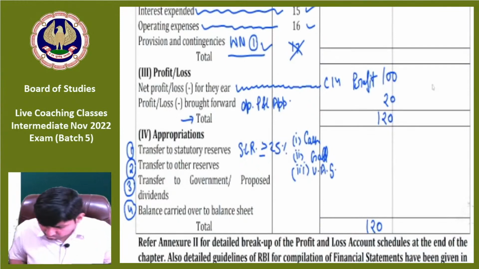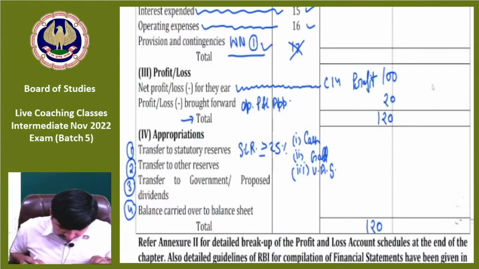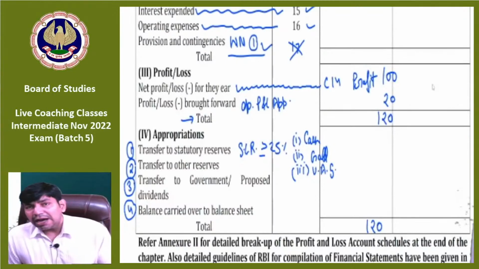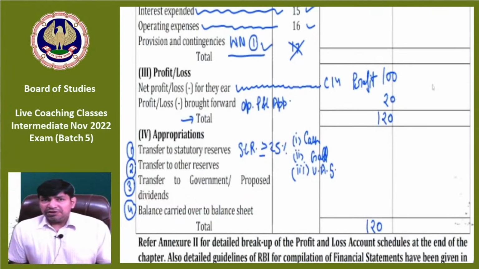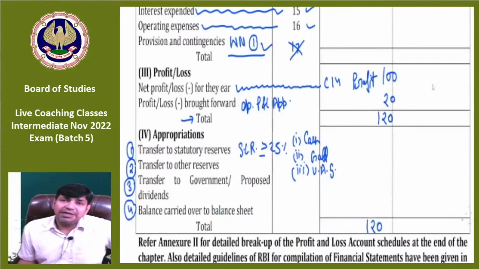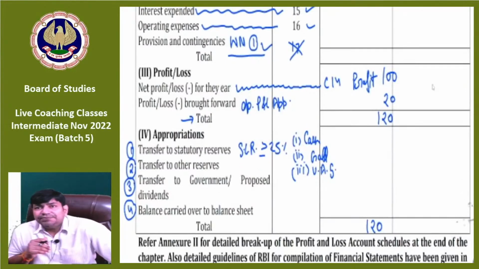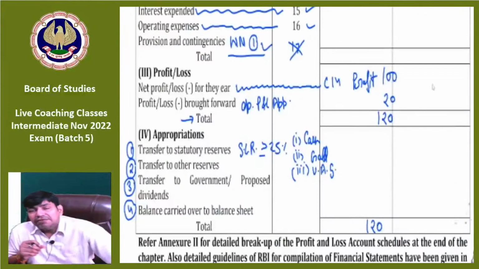I have written here UAS, unencumbered approved securities. RBI updates this percentage. Again, the same thing we have to follow. First, we have to check the RBI site. If there is a change on the RBI site, then we have to check whether that change has been adopted in our RTP or not for examination purpose.